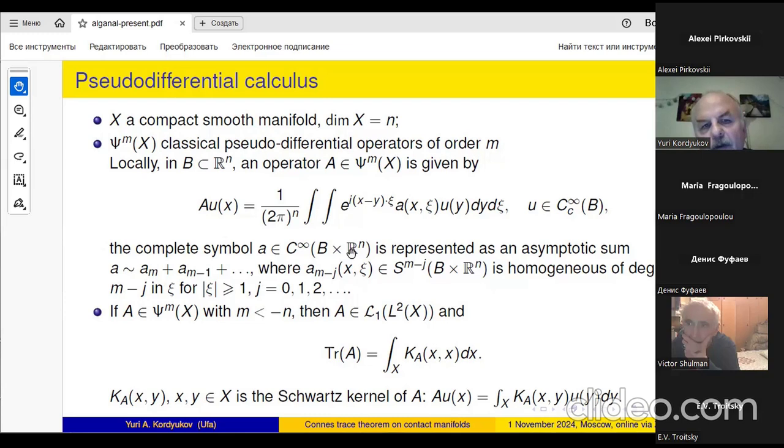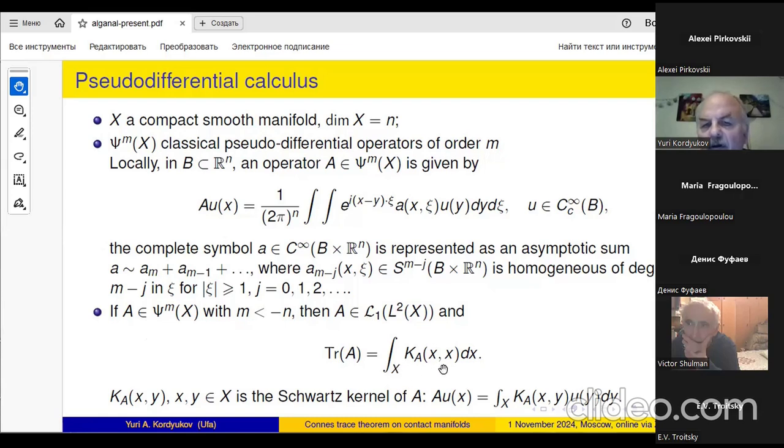of negative order. And what we know is that if A is a pseudo-differential operator, and the order of this operator is less than minus the dimension of the manifold, then this operator is a trace class operator. Actually, the trace is given by the very well-known formula.